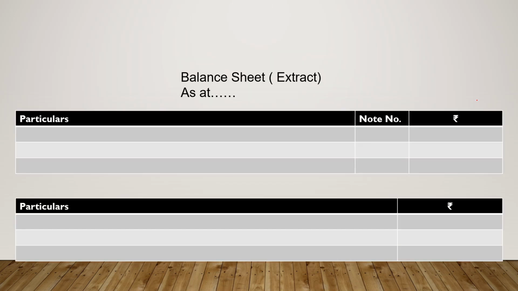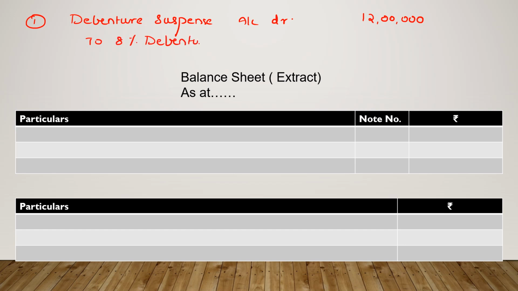The second is when journal entry is passed. So when journal entry is passed, first the journal entry that we would pass is, we would debit the debenture suspense account with 12 lakh rupees and we would credit the 8% debentures account with the 12 lakh rupees.